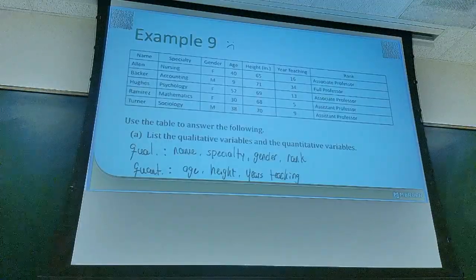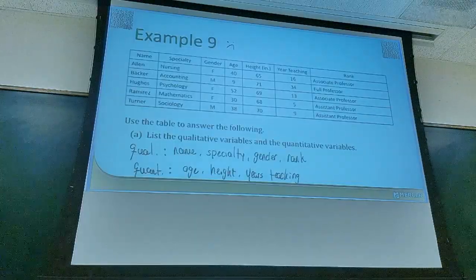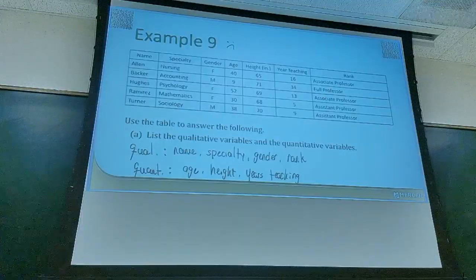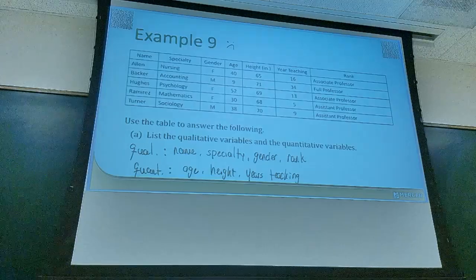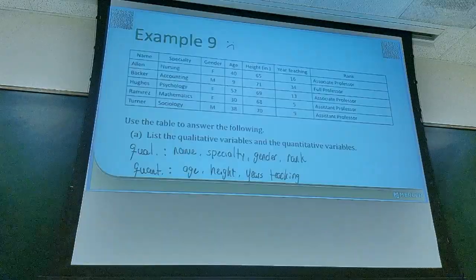But years teaching is a little more complicated, because again, do you want to measure full years or per semester? It depends on what you need, but generally speaking, I would agree that's also discrete. Height would be continuous.